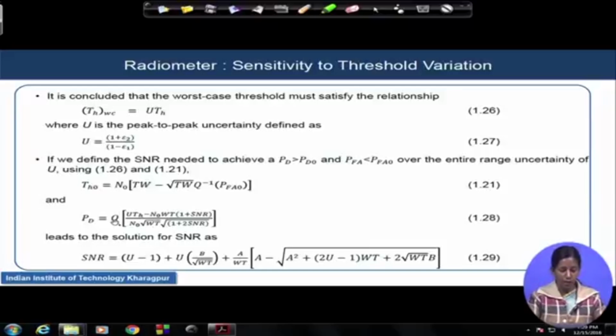We can now get a new expression for the signal to noise ratio in terms of the peak to peak uncertainty. So, we have now updated the equation of the SNR in terms of the uncertainty.